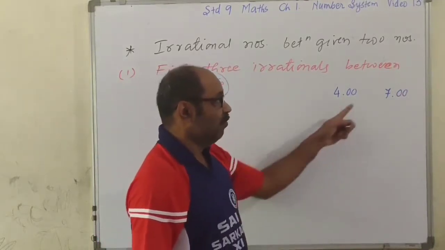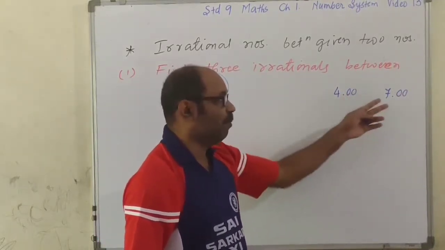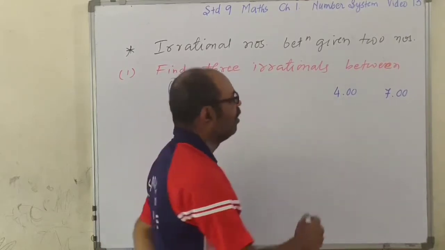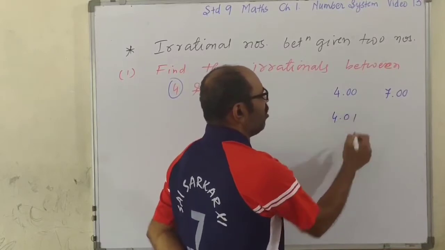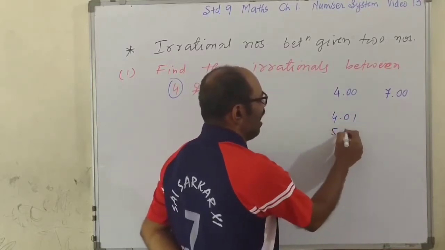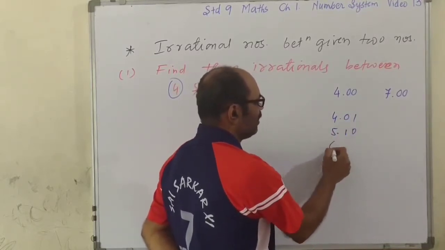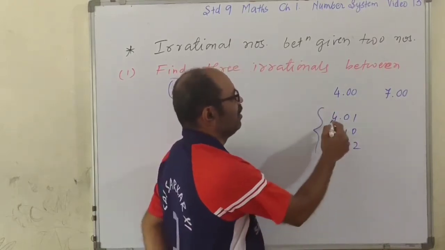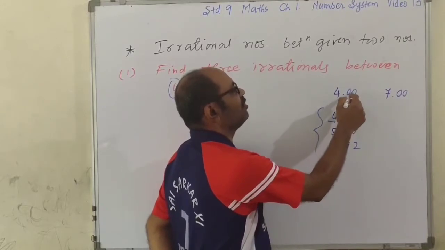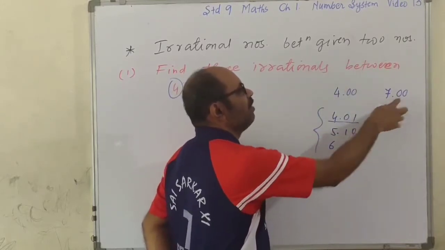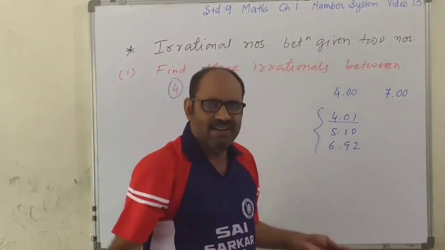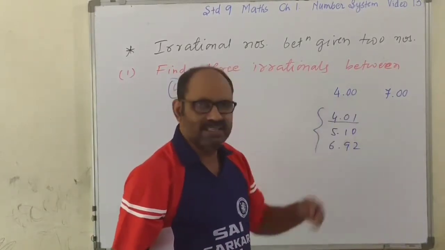Now you tell me which numbers lie between 4.00 and 7.00. You can say 4.01. You can say 5.10. You can say 6.92. Any number. You see now this 4.01, take it after 4.00 and before 7.00. There are infinite numbers between 4 and 7.